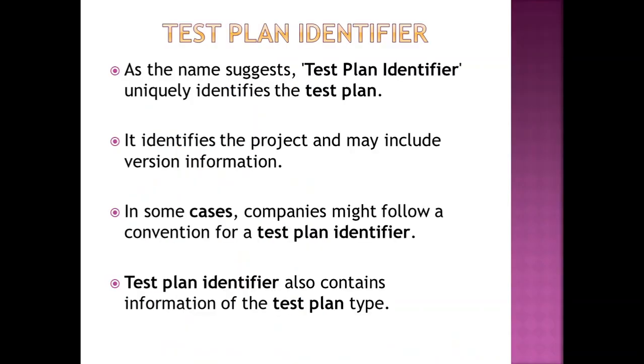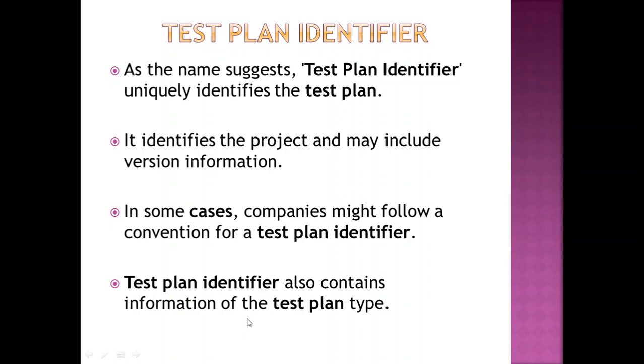So let us discuss each section in detail. What does a test plan identifier mean? It is basically the naming convention of your test plan. The naming convention should be unique, and it is also mandatory that it reveals the type of test plan, whether it is going to be your master test plan or your level test plan, based on your type of testing or your timeline of testing.